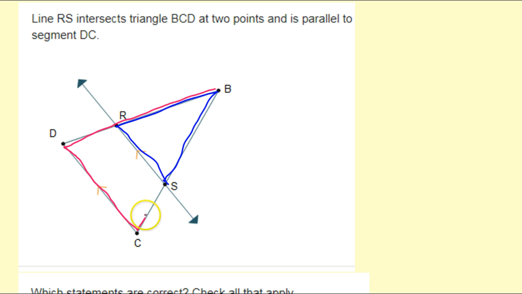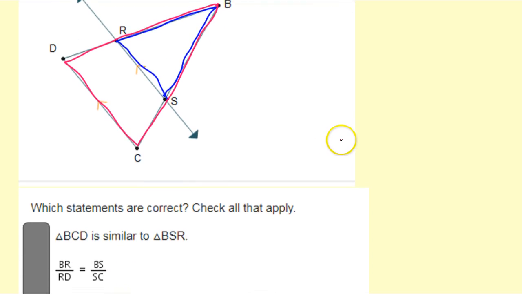The small triangle will be similar to the big triangle, which means that we have angles that are the same. The corresponding angles will be the same. Of course, these sides are parallel. And then we have all the things that are proportional. So I guess we'll just have to cross that bridge when we come to it.